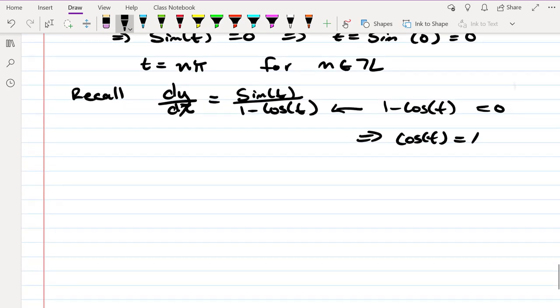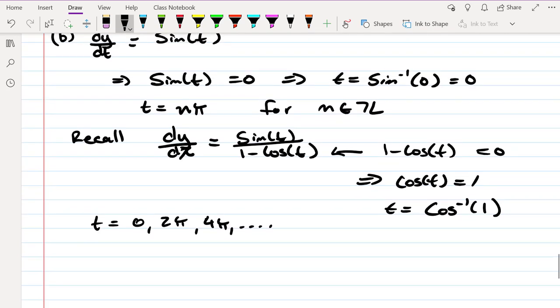And when does cosine equal 1? Well, cosine is equal to 1 at 0 and 2 pi and 4 pi and so forth. So we get that t is equal to the inverse cosine of 1. So in this set, we have t is equal to 0, 2 pi, 4 pi, and so forth.